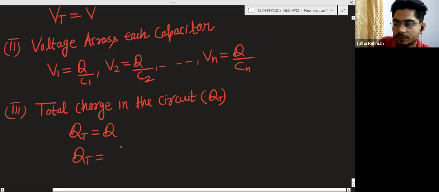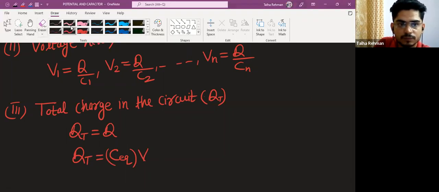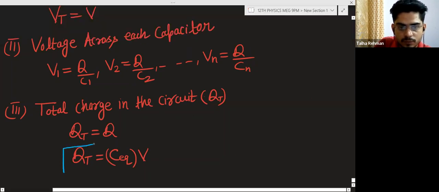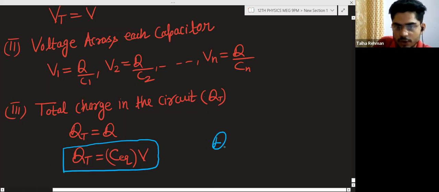Charge is equal to C equivalent into V. Q total is equal to C total, C total means C equivalent, into V total. V total is V.